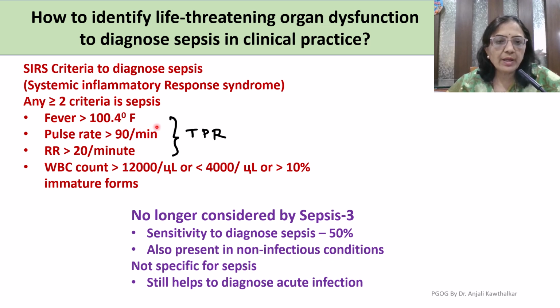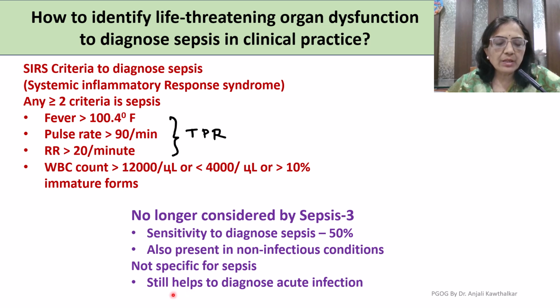Many times we get tachycardia, tachypnea, and change in the WBC count, and a raised WBC count during pregnancy is very common, and that is how we are likely to have a false positive diagnosis of maternal sepsis if we follow this SIRS criteria.